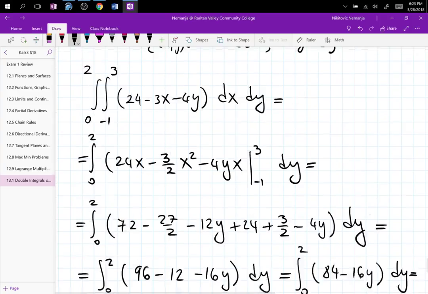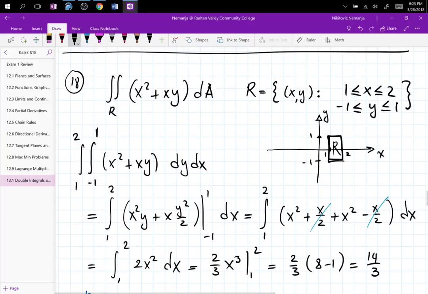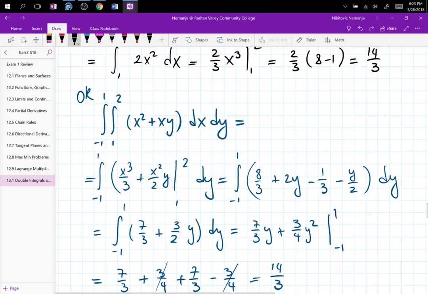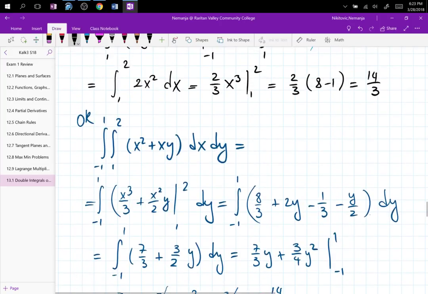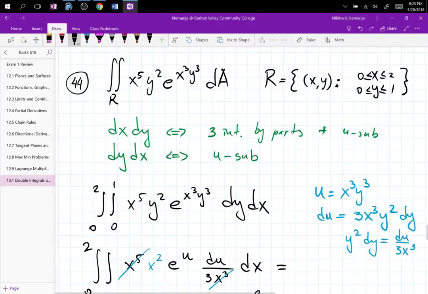You do have an example of that where I did black and blue. I have problem 18. I did dy dx, and then in blue I did dx dy, and the answer was 14/3 either way.